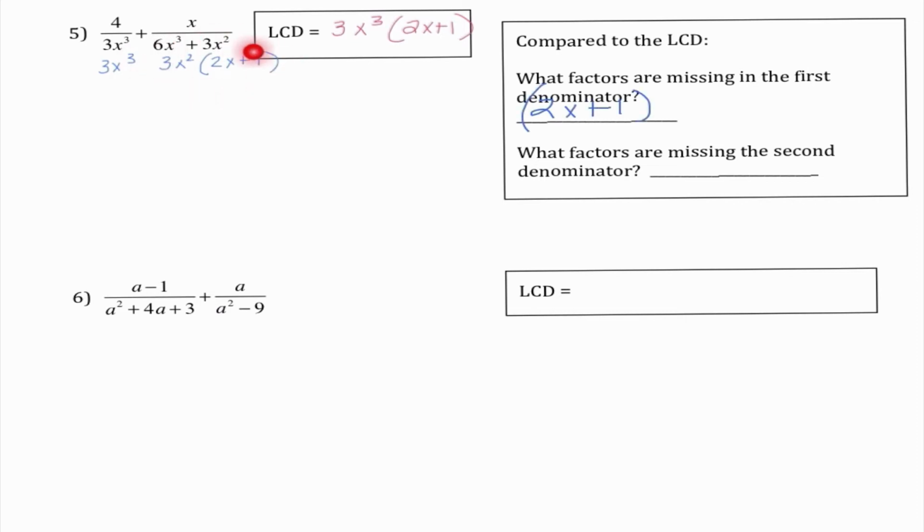When I look at my second denominator, I have a 3. I have an x squared, but we need an x cubed, so we're missing an x. And I have a 2x plus 1, so we're good there. So I need to multiply this first fraction by 2x plus 1 over 2x plus 1, and this second fraction by x over x.